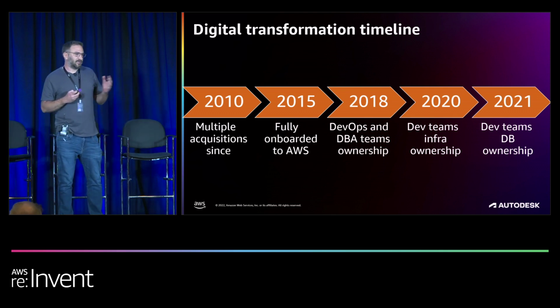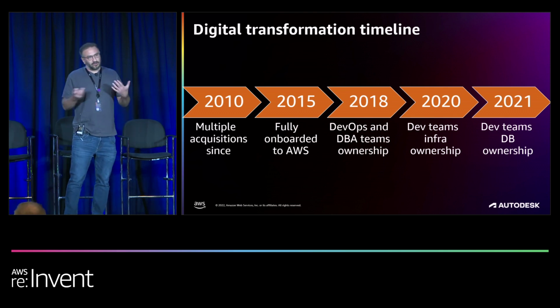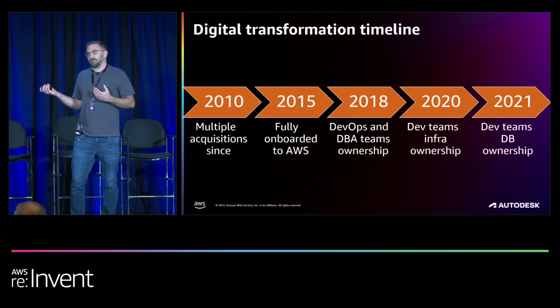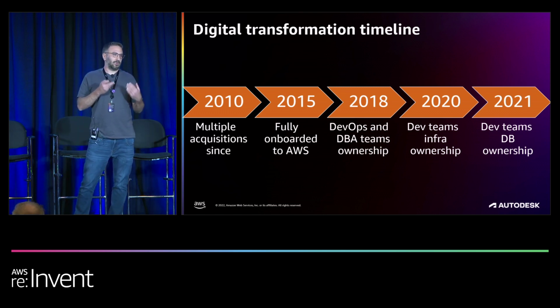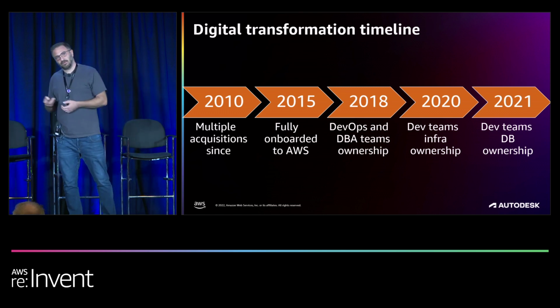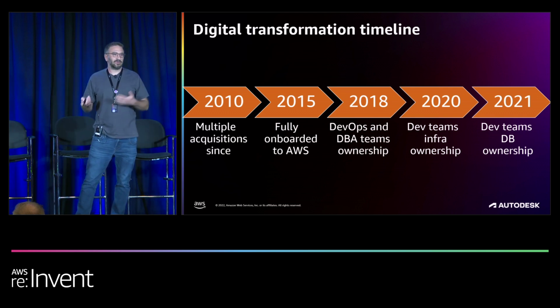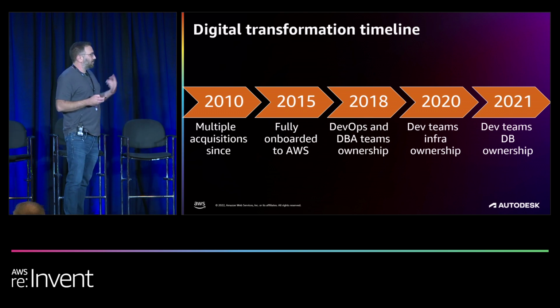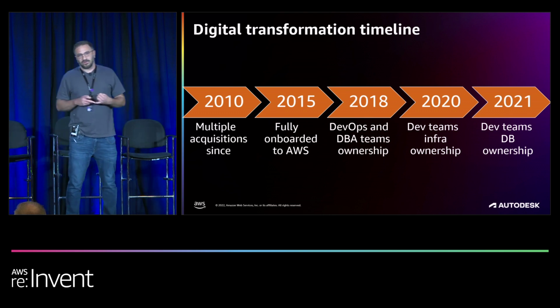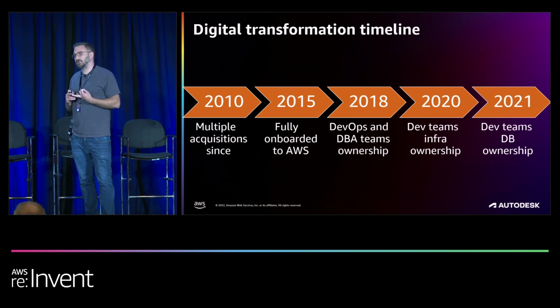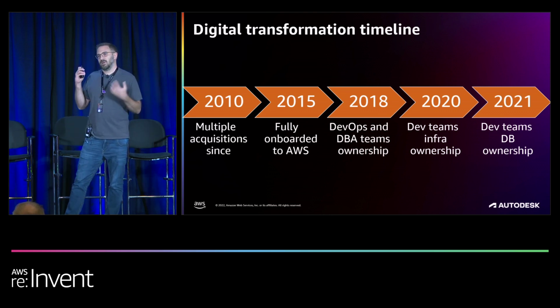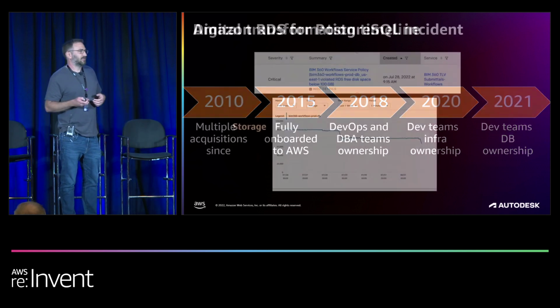By 2015, the different startups were onboarded to AWS, and by 2018, different DevOps teams owned the different infrastructure components, and DBA teams owned the databases. By 2021, our development teams gained ownership both on databases and infrastructure, which raised multiple knowledge gaps. This is where Performance Insights excels.